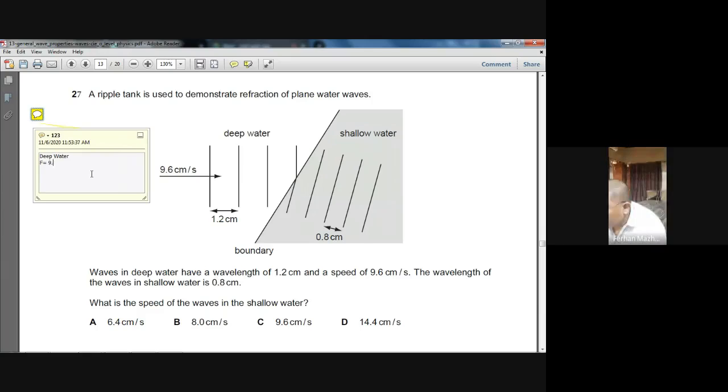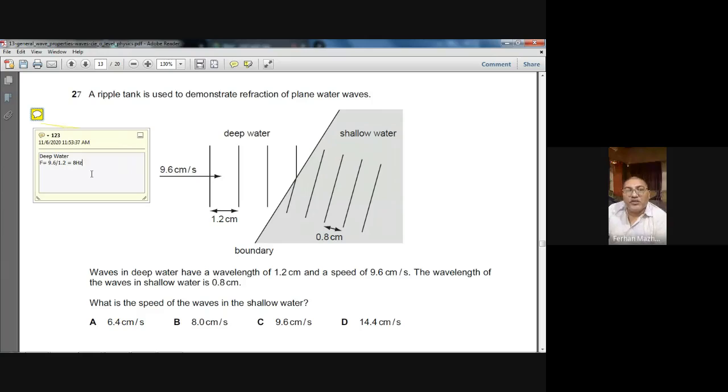So the speed is 9.6 and the wavelength is 1.2. So 9.6 divided by 1.2, the frequency is 8 hertz.